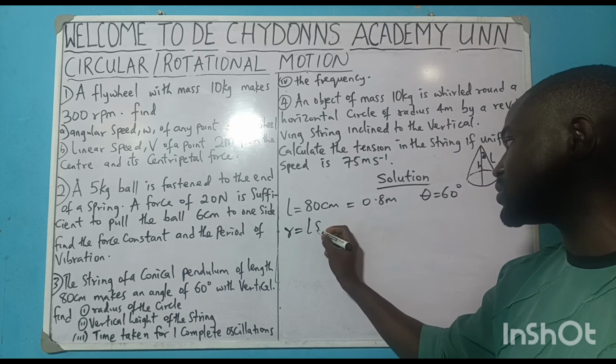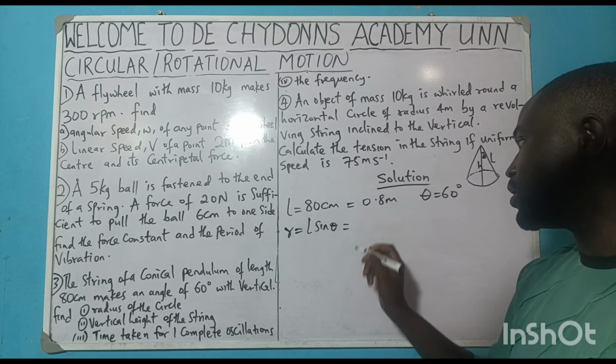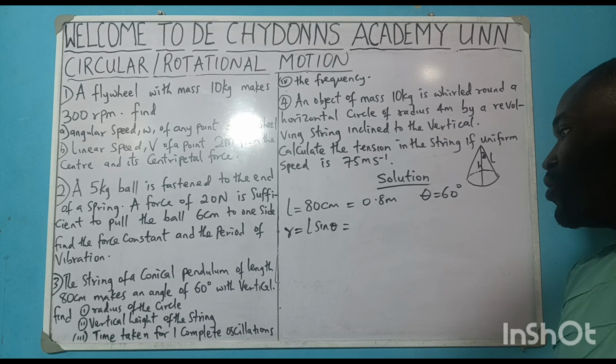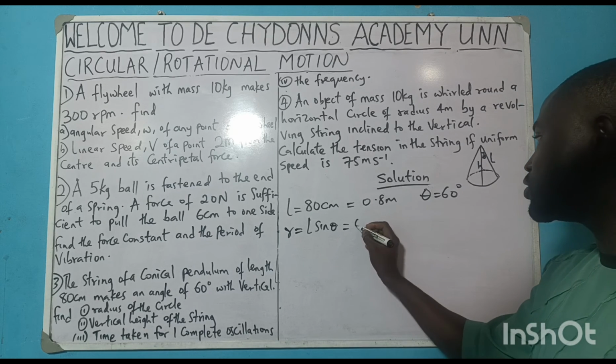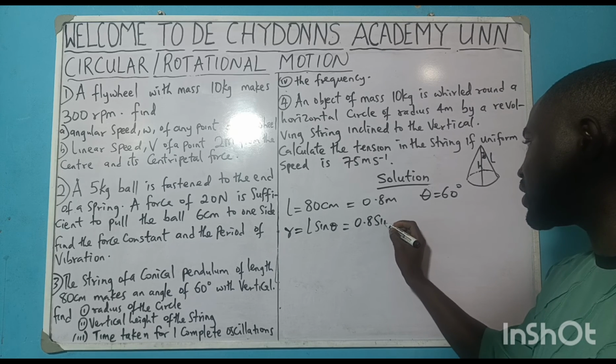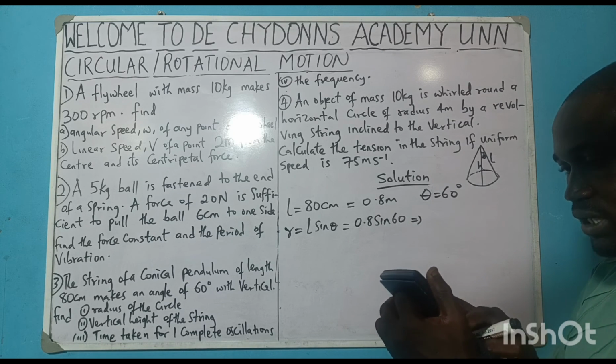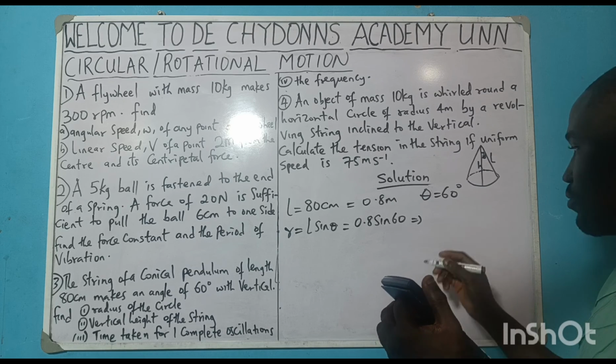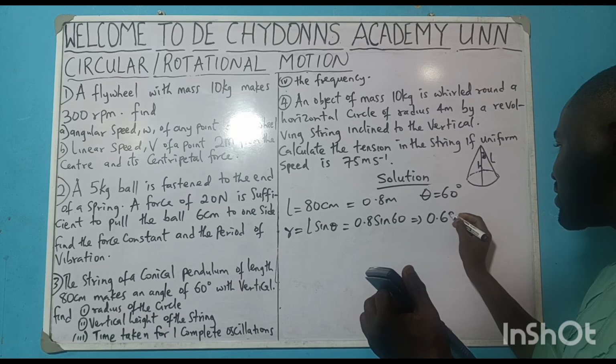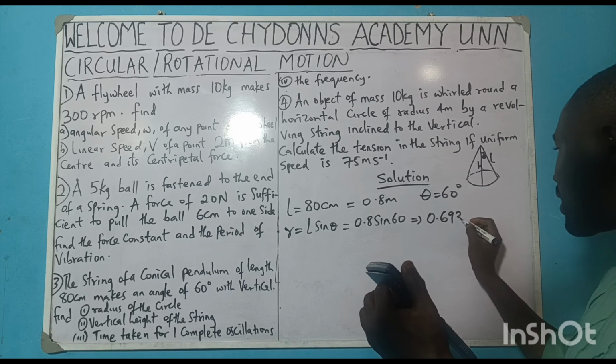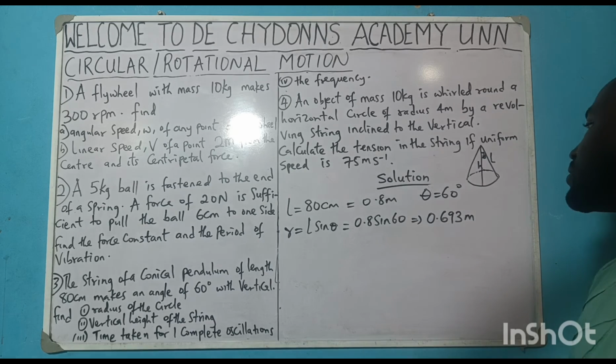So for us to get the radius of the circle r, we derive it to be L sine theta, which is 0.8 sine 60 degree. What will it give us? That will be giving you 0.693 meters.